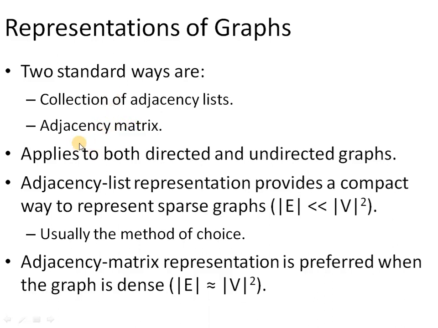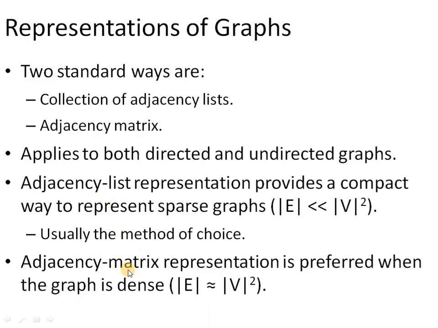Both the ways are equally applicable to represent a directed as well as an undirected graph. However, if we talk about the preference, then if we are working with sparse graphs, that means the number of edges present in a graph is very small compared to the square of the number of vertices, then adjacency list representation is preferred.